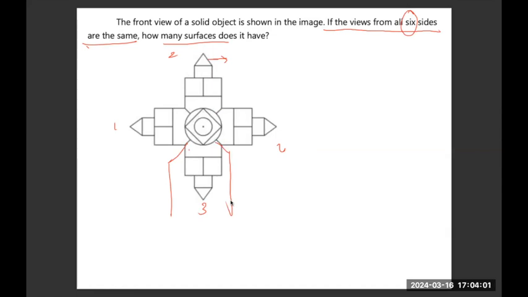Like I've counted 1, 2, 3, and then this is the 4th one. This is the 5th one in the front, and then there will be a 6th one at the back also. So this triangle is what the elevation looks like, versus in the plan, this triangle is a circle, which means that it is a cone. A cone has one surface.